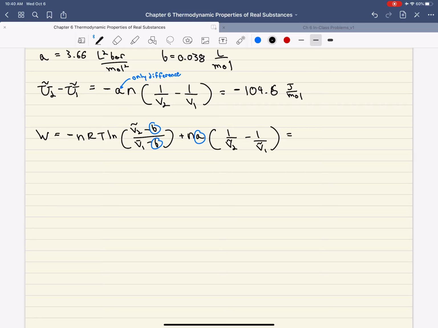And so in order to compress carbon dioxide from volume 1 to volume 2, so same volume and temperature as we did for nitrogen, we see that it actually requires more work in order to do that same compression.